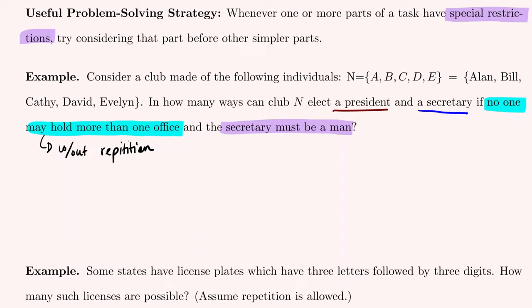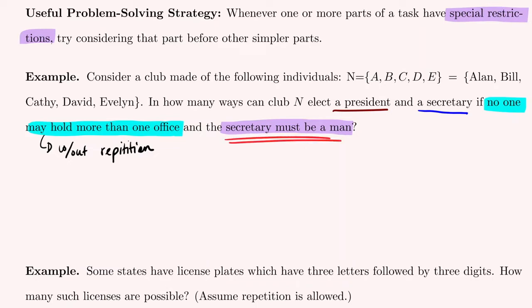Picking the president, picking the secretary. And I can do those in either order. I could pick the secretary first and then the president, or I could pick the president first and then the secretary. Now, in particular, we've learned the idea that if some position has extra restrictions, we should deal with that first. So what that means for us is we should pick the secretary's position first because it has the additional restrictions.